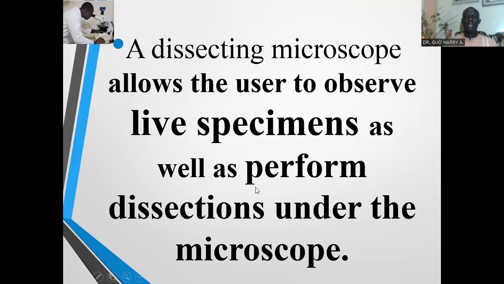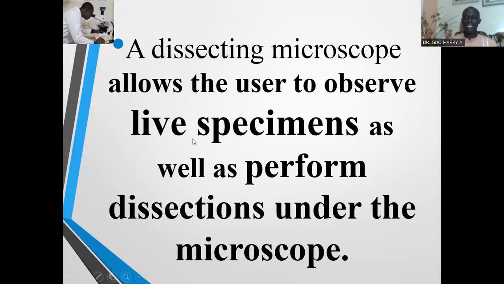A dissecting microscope allows the user to observe live specimens as well as perform dissections under the microscope. That's why it's called a dissecting microscope.